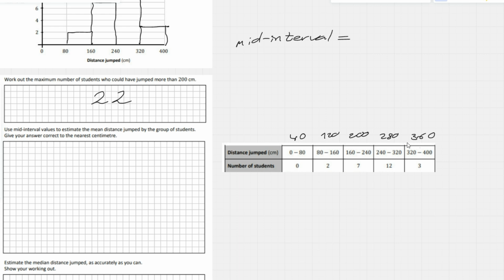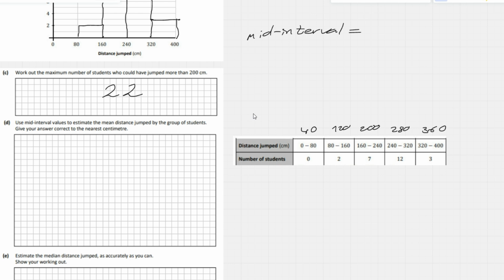So 40, 120, 200, 280, 360. Those are mid-interval values. Those are the values in the middle. So what we're assuming in this case is that 2 people jumped 120 centimeters, 7 people jumped 200, 12 jumped 280, and 3 jumped 360.